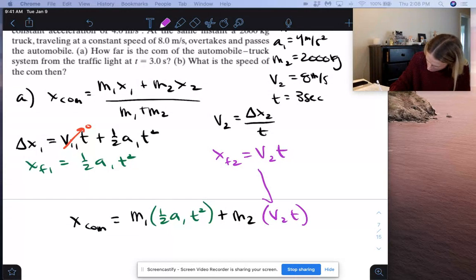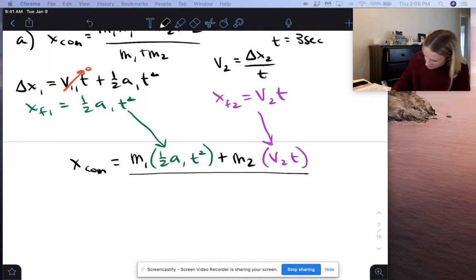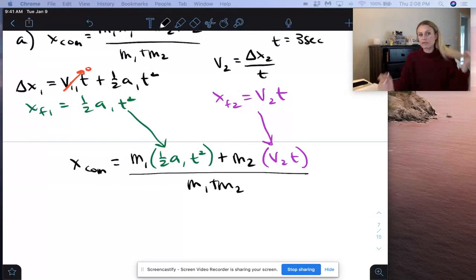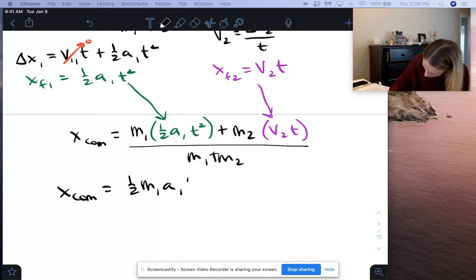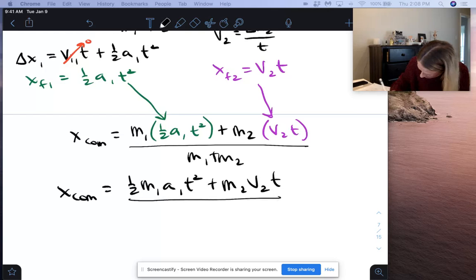So that goes here, and that came from here. Obviously I'm also going to divide by mass 1 plus mass 2, and then I'm just going to make this a little bit prettier. So I get position of the center of mass equal to 1/2 mass 1 times acceleration of mass 1 times time squared plus mass 2 times velocity of 2 times time, divided by mass 1 plus mass 2.